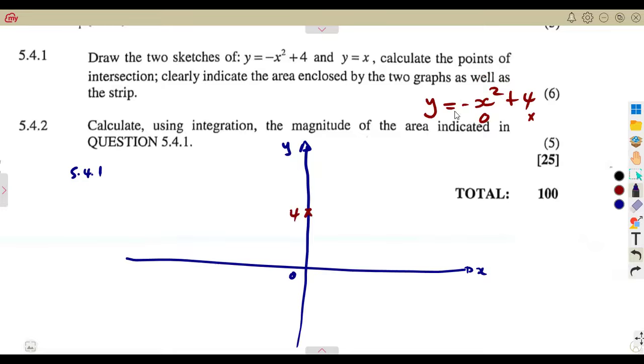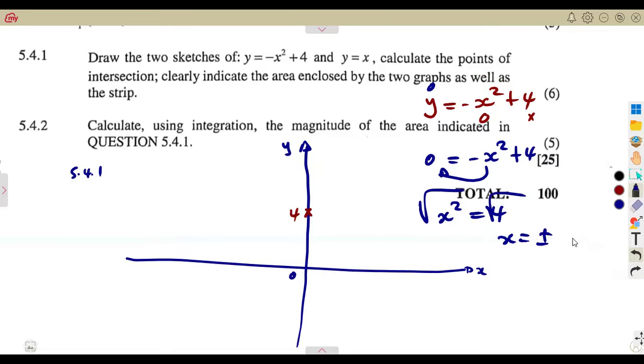And for the x-intercept, remember, y is supposed to be 0. So if 0 is equal to minus x squared plus 4, what will be the values of x? Take to the other side. X squared is equal to 4. Square root. So x was going to be plus or minus 2. So we've got a negative value and a positive value.